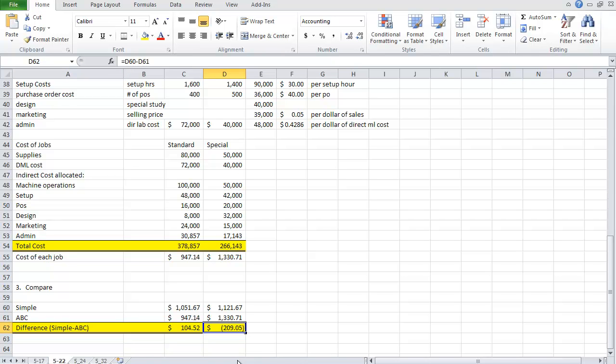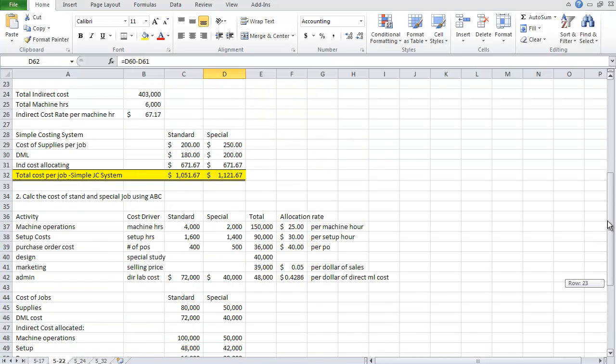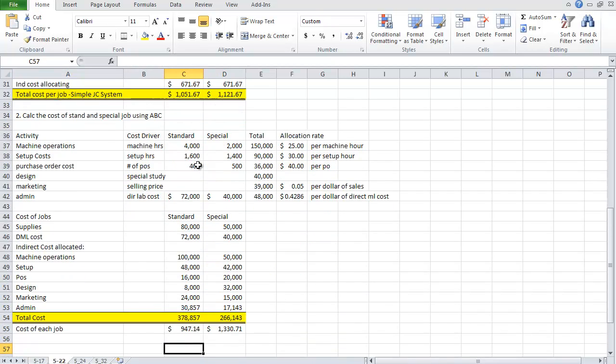So in the simple system, they're allocated $671 because they both use the same number of hours. So since it was 10 machine hours to make a standard and 10 machine hours to make a special, you see that the overhead was allocated the same, because we allocated it based on machine hours.